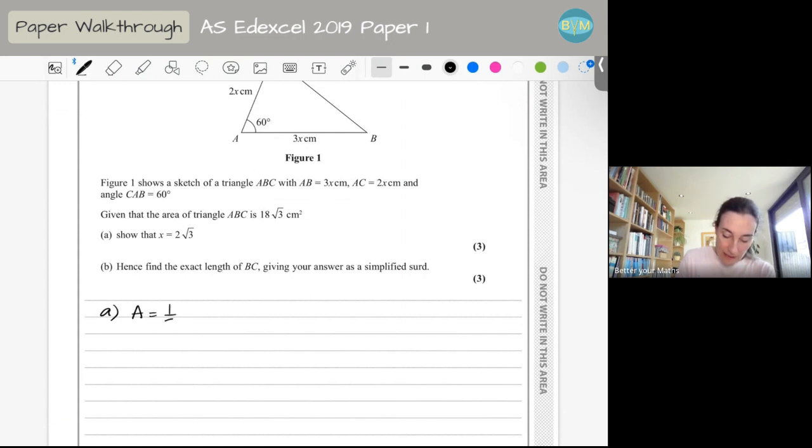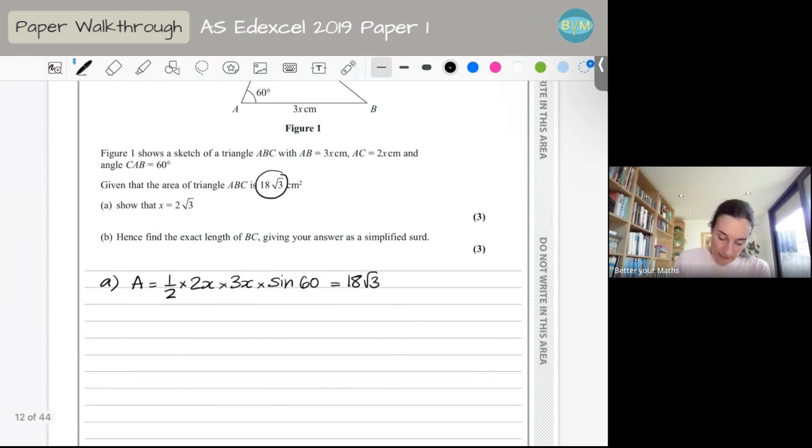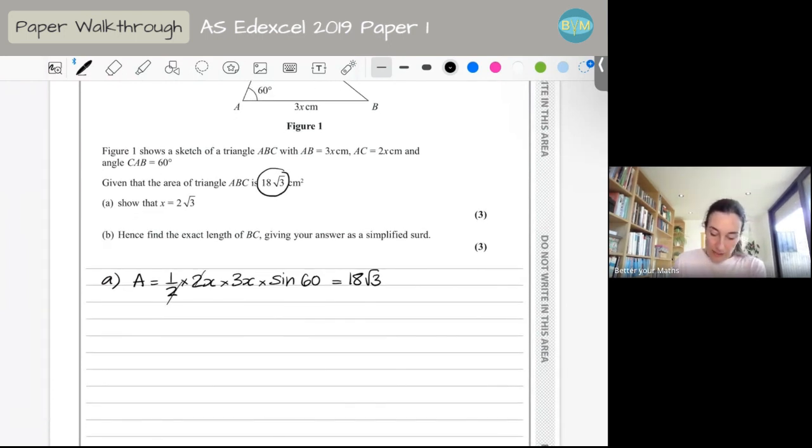So we can write that the area is going to be 1/2 times 2x times 3x times sine 60. And this is going to be equal to 18 root 3. We can simplify a bit here. So sine 60 is root 3 divided by 2.